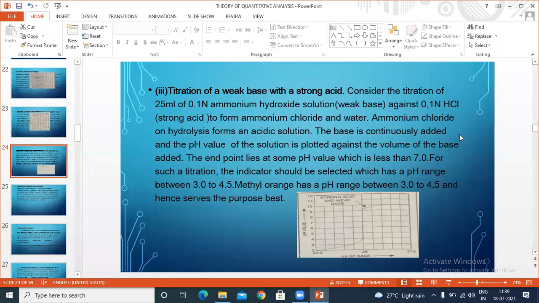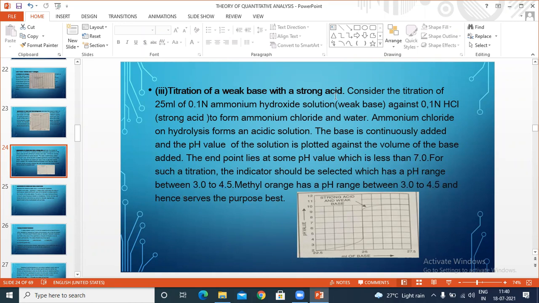The endpoint lies at a pH value which is less than 7. For such a titration, the indicator should have a pH range between 3 to 4.5. Methyl orange has a pH range between 3 to 4.5 and hence serves the purpose best.